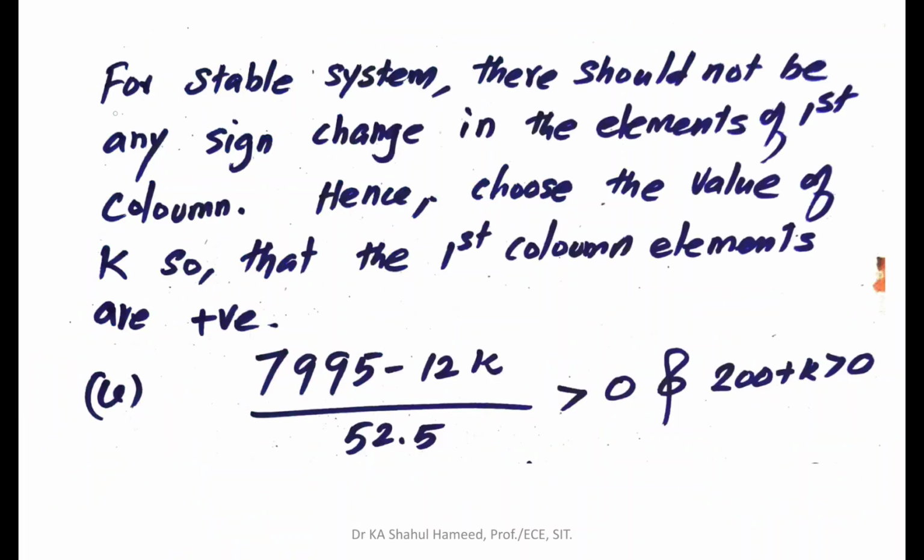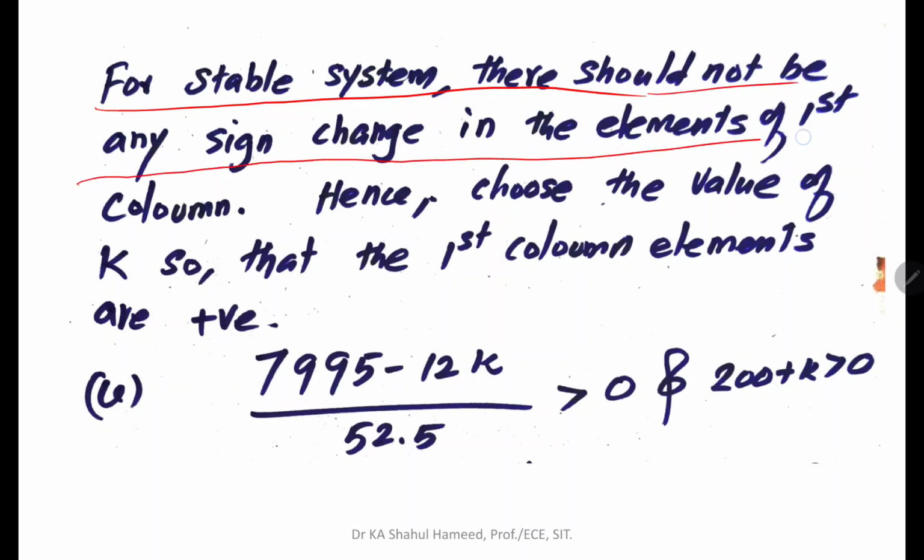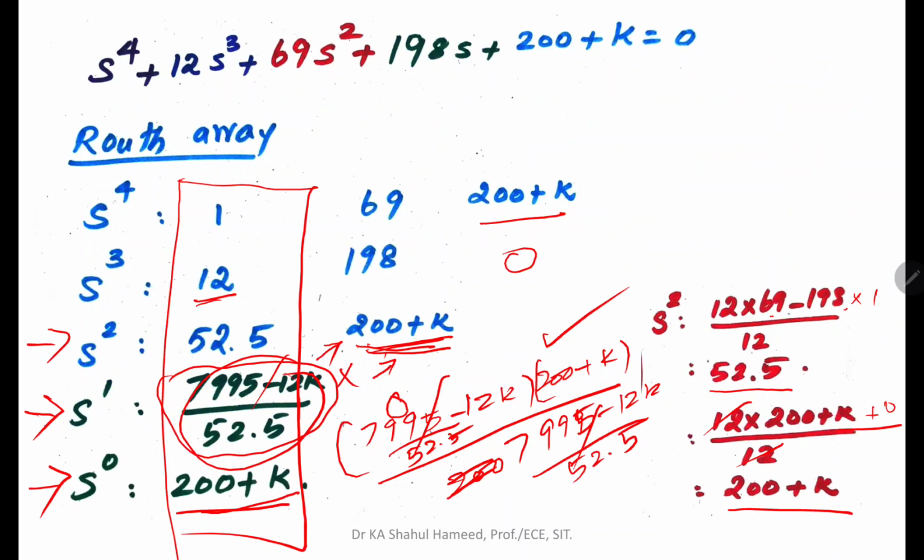So for a stable system, as I told, there should not be any sign changes, and also there should not be any 0 in the first column of the Routh array. So I have taken the third, s power 1 row, this equation, and I am going to make it greater than 0.